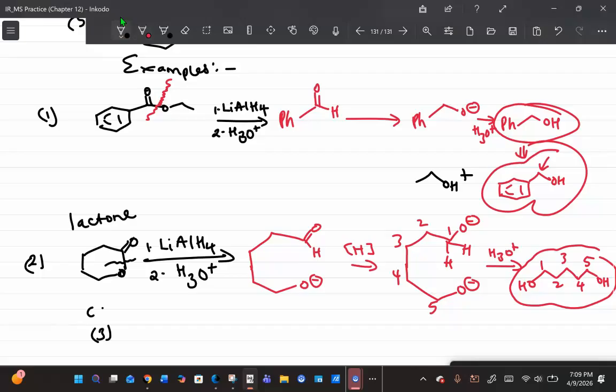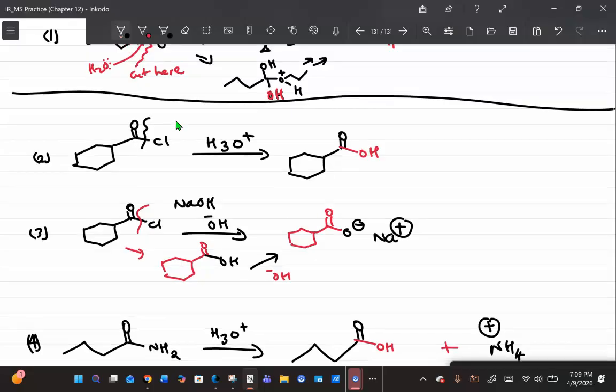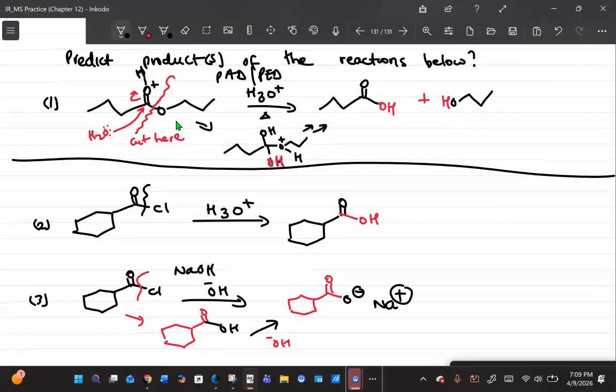Now, compared to that, suppose you are doing the other one where you have H3O plus. It will be the same thing, but you're going to be left with a carboxylic acid on one side. Usually you get carboxylic acid and alcohol, like what we did here.